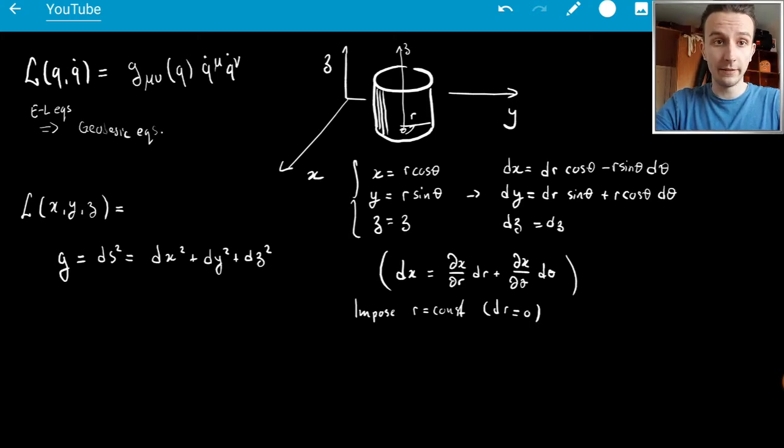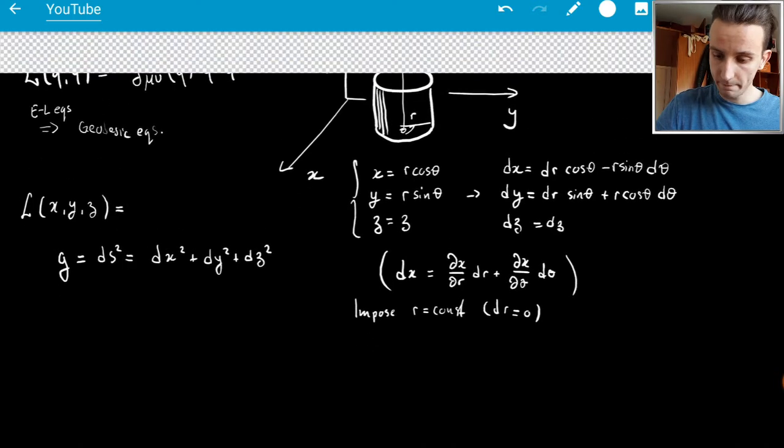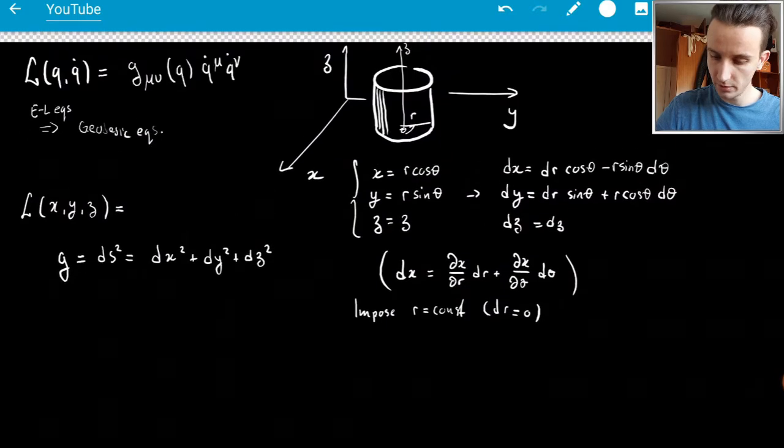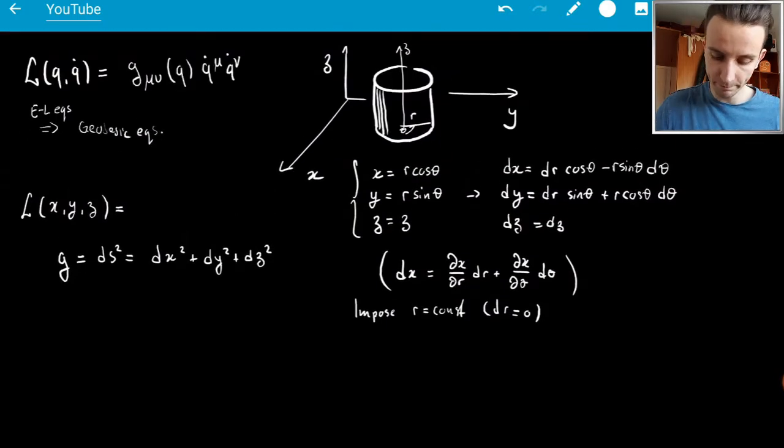Obviously the cylinder is the only place the ant can move on. It's confined. Okay, so we fixed r, and that reduces our dimensionality by 1.